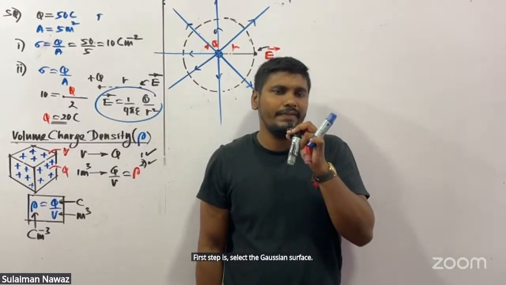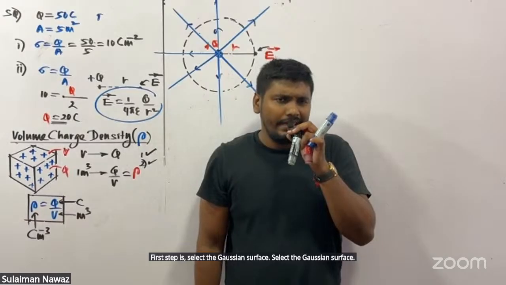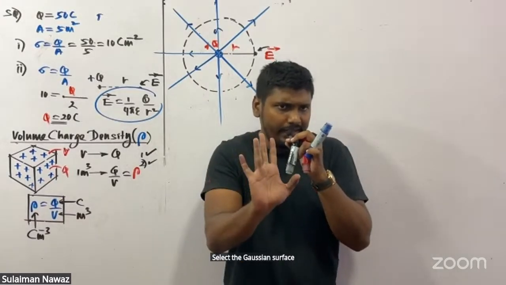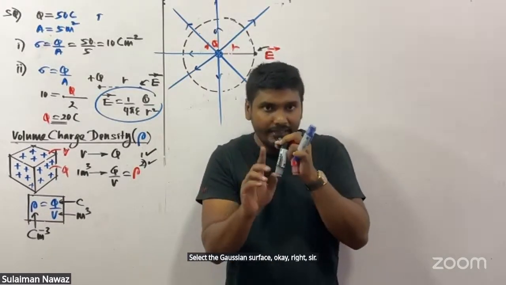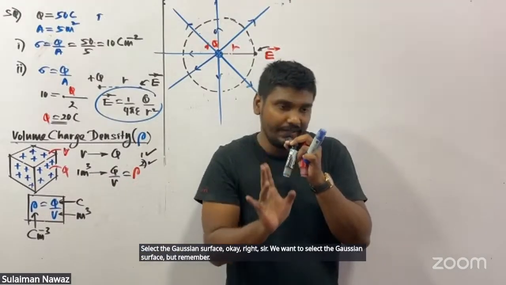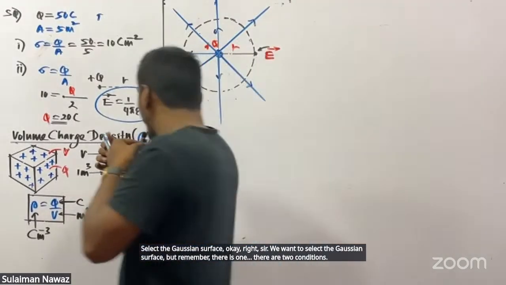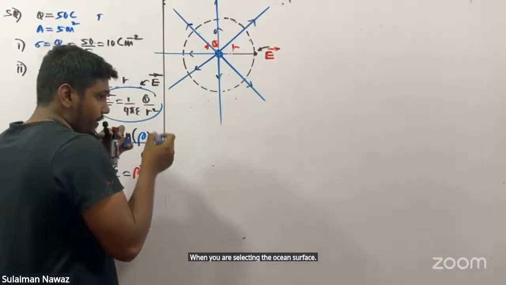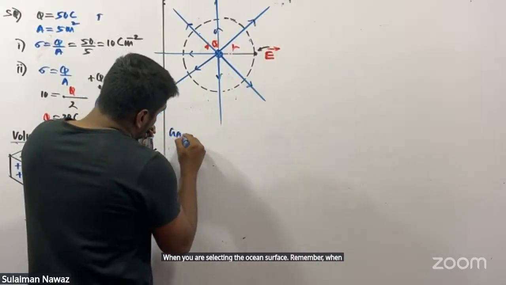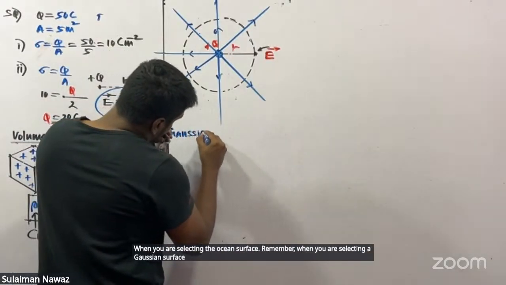Select a Gaussian surface. We want to select a Gaussian surface, but remember there are two conditions.